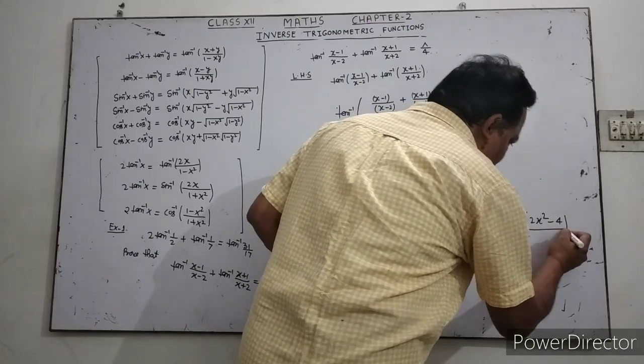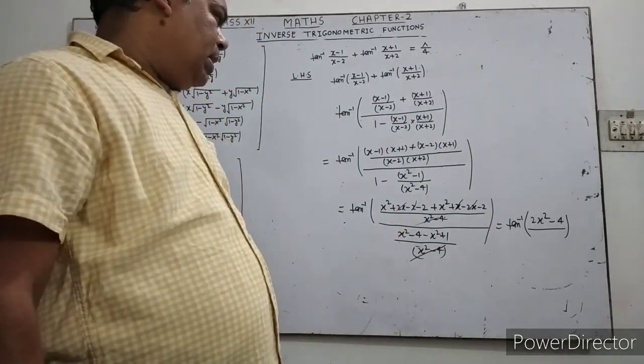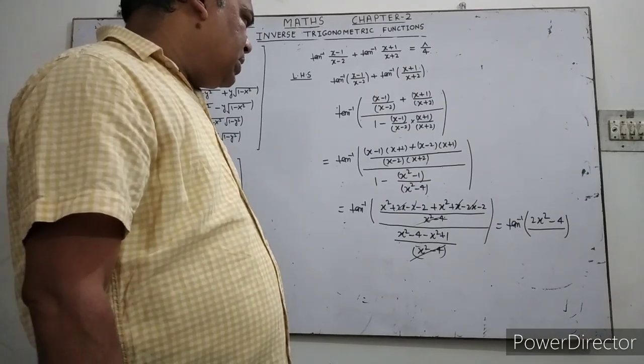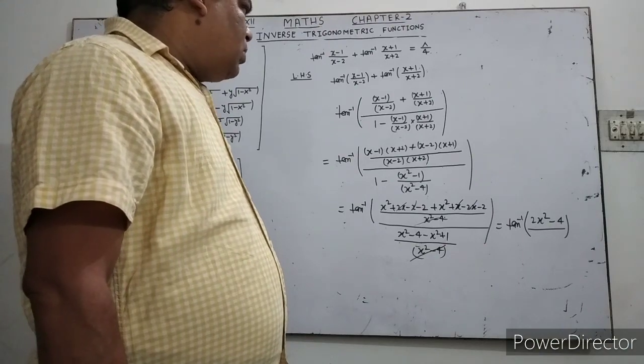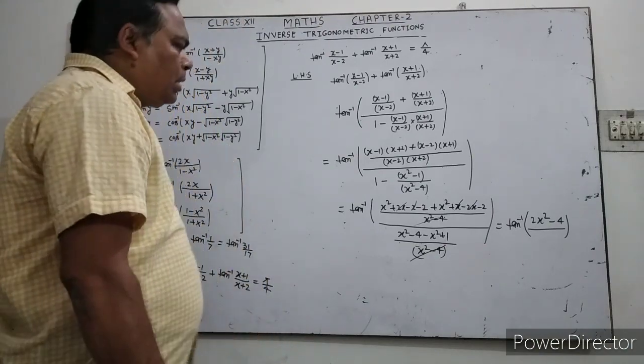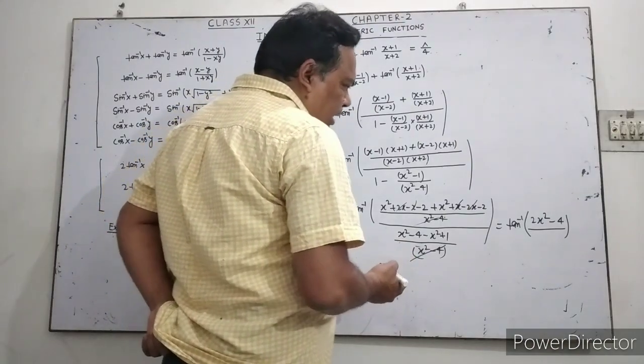Now in the denominator, x square minus x square, so x square and x square are cancelled. Then this is minus 3.